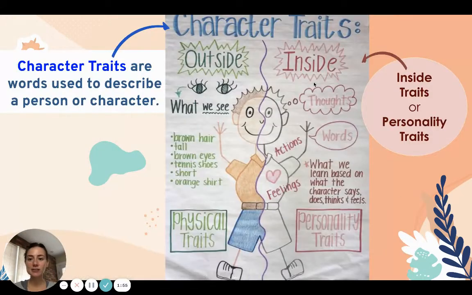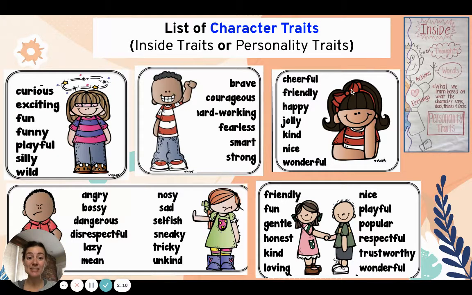And another thing to remember is now on Monday, we got to look at character traits for ourselves. Now we're going to start thinking about character traits for the characters in our books. And remember, these lists of character traits are here to help you. You may read through these words and some of them you may know, some of them you may not know. But this list is here to help you.